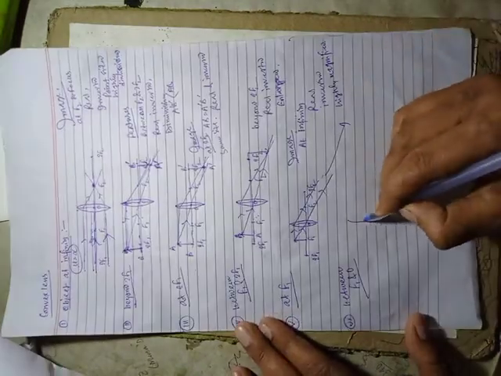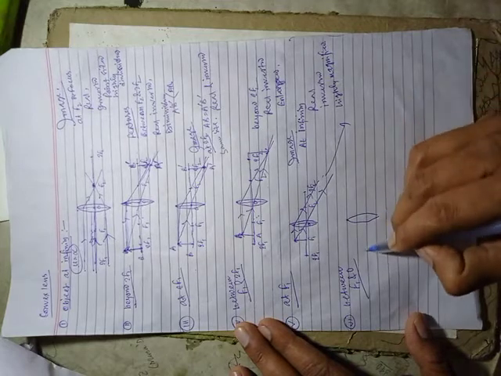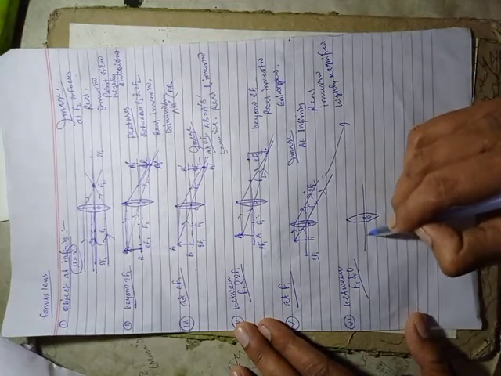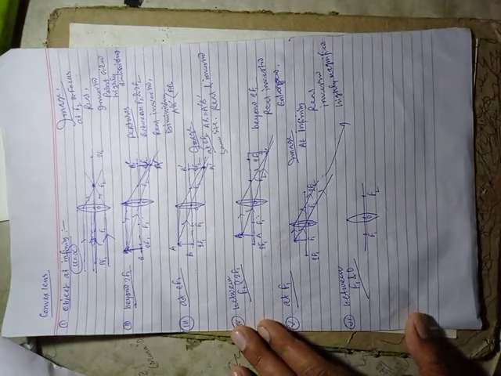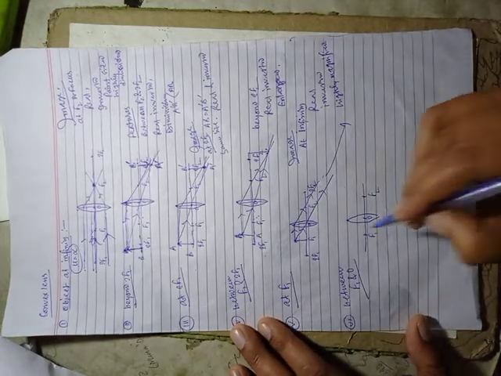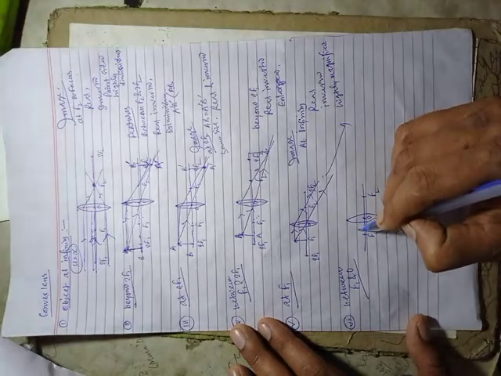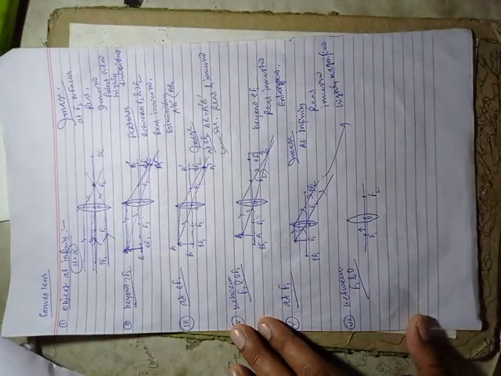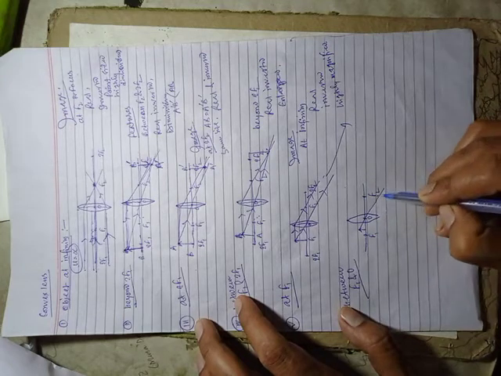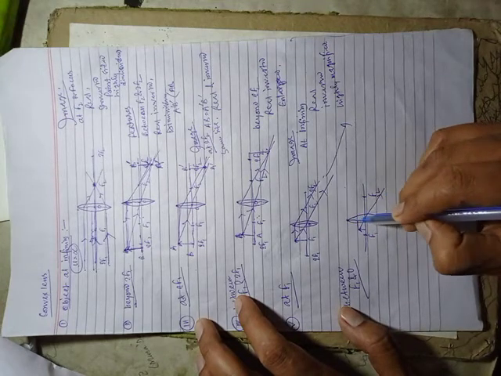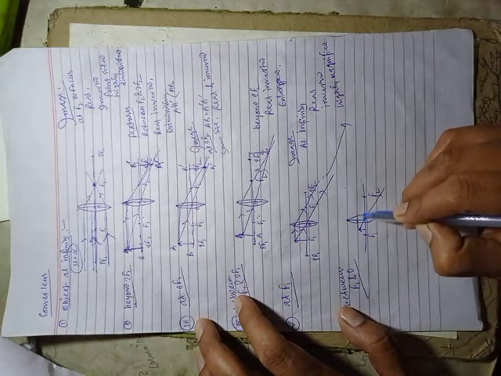So here, same lens, you will draw the optical center. Suppose here I am drawing only f1 and f2. Suppose the image is here. Then you can see one ray will pass through the center, another will go and refract, passing through f.